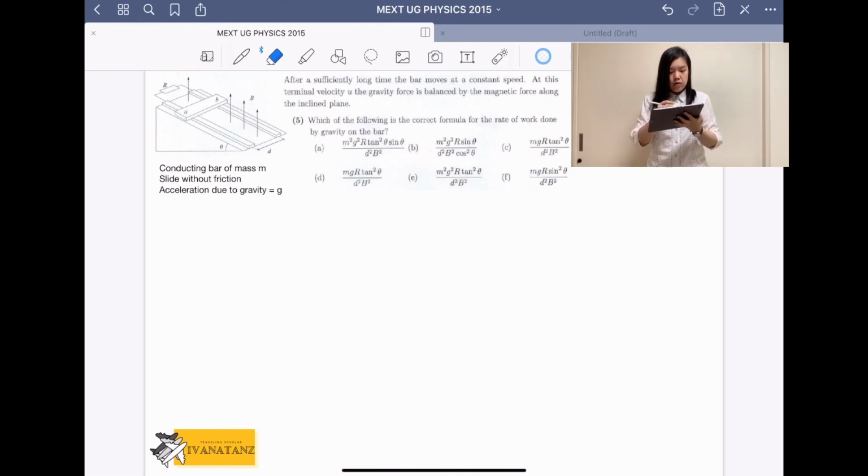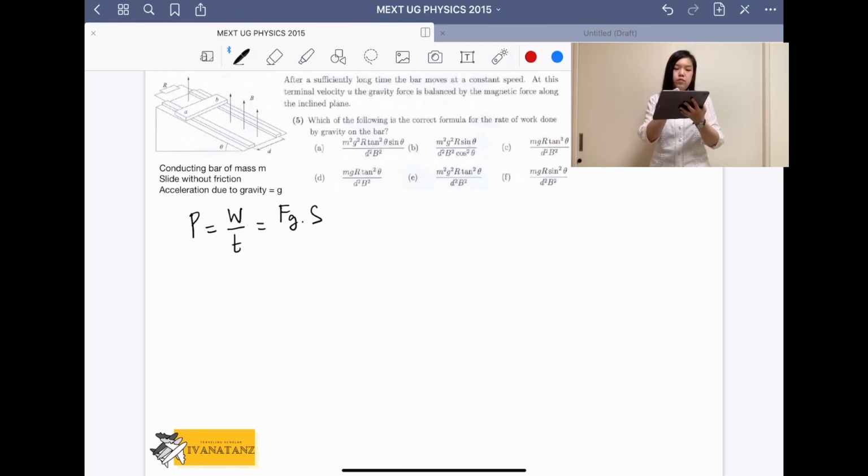So we know that rate equals W over T, where work is force times S. Because we want work done by gravity, the force is the gravitational force, over T.